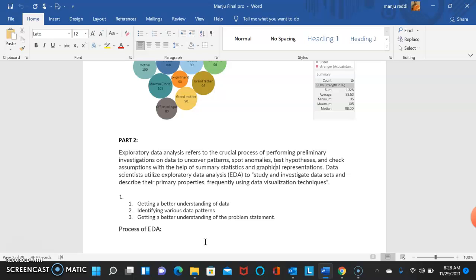We have three different categories to visualize the data: getting a better understanding, identifying the various patterns, and getting a better understanding of the problem statement.